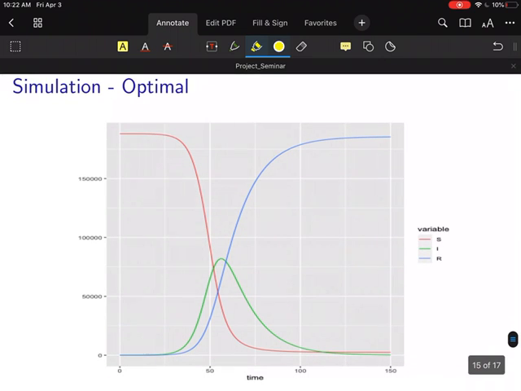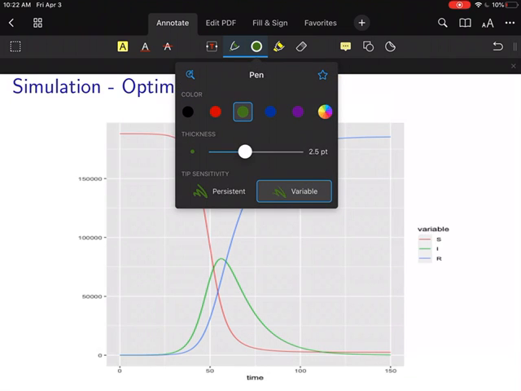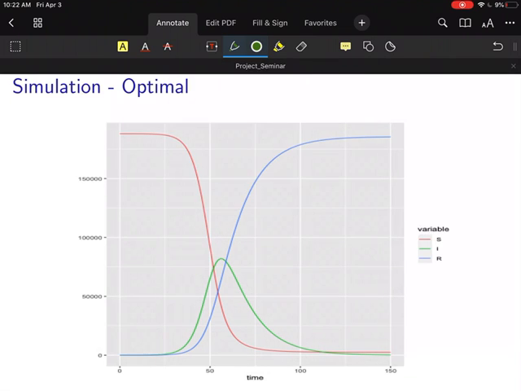Then if we check the optimal case, where alpha is 14 and beta is 0.33, we realize that at its peak the number of infections is just a little over 75,000.